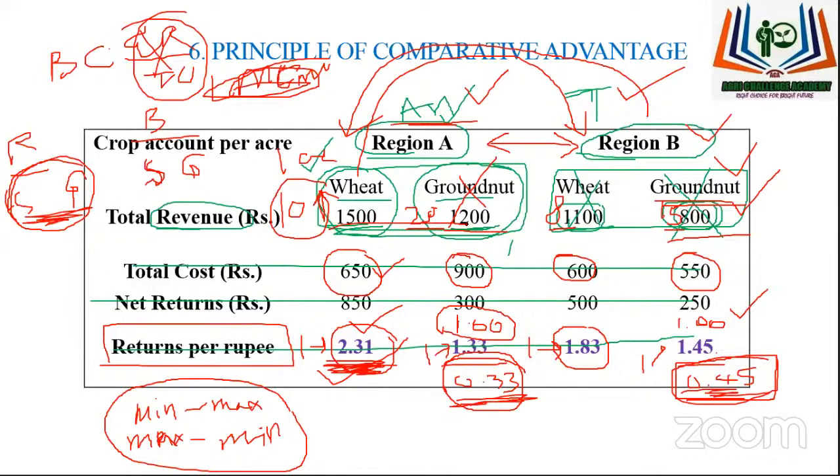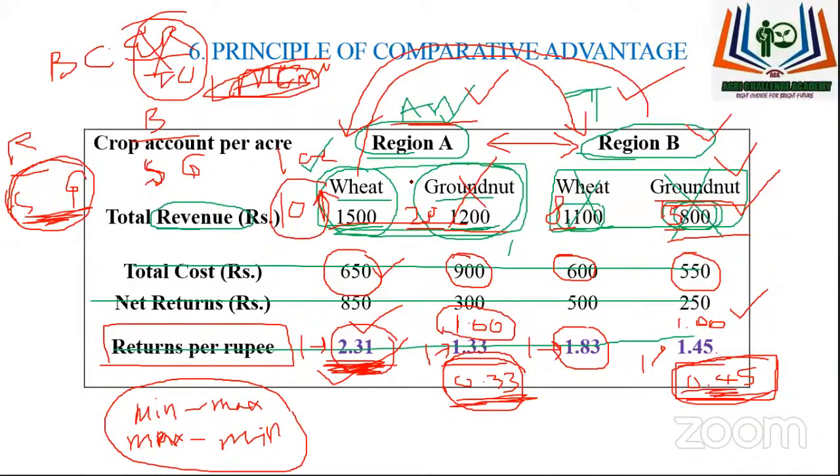completely, without anything. Here the minimum is 1100, 800. It is 1500, 1200. If Tamil Nadu objects to trading with Andhra, in that situation Andhra can still go for the ability to produce both things. Highest values mean absolute advantage. For example, if region A has more physical quantity in wheat and groundnut compared to region B, then we can use absolute advantage.